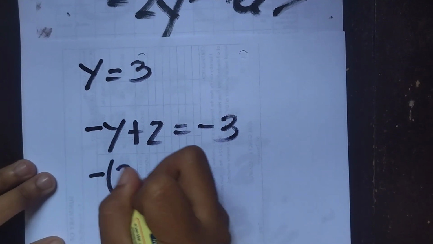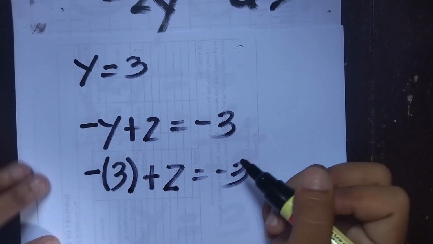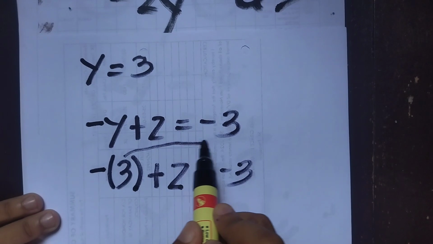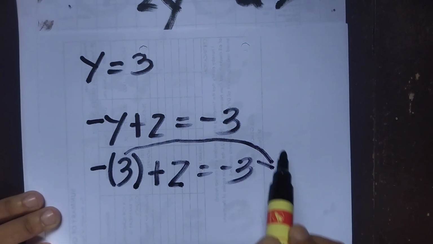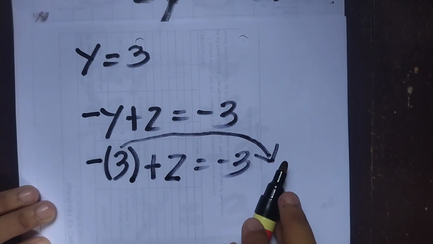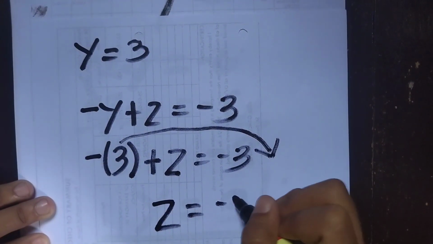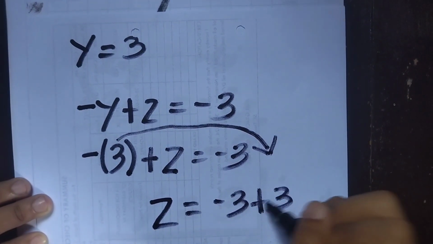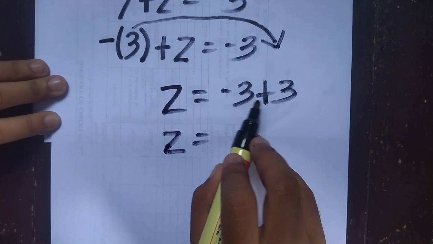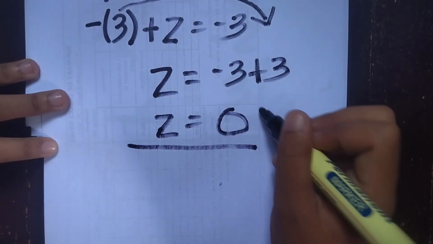So, ato na siya negative 3 plus z is equals to negative 3. Para si z na lang ang bibilin, ato siyang ibalhin the other side. So, the negative 3, kaya ibalhin man nato siya din nga side, will become positive. So, z is equals to negative 3 plus 3. So, now, our z is 0. Negative 3 plus 3 is equals to 0. Now, nakuha na dyan nato ang value ni z.